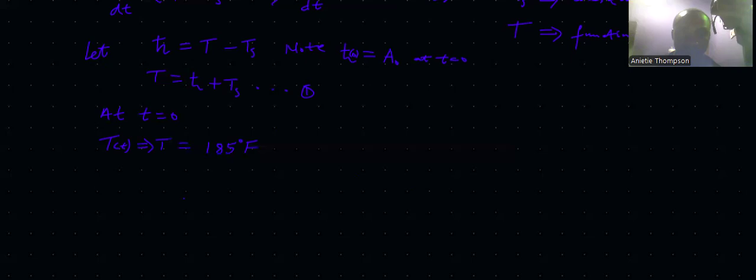Also, T of S is given by 75 degrees Fahrenheit. So at time equals 0, we can say A naught equals T minus Ts, which is the same thing as the function of my new variable T. That means A naught equals 185 degrees Fahrenheit minus 75 degrees Fahrenheit.